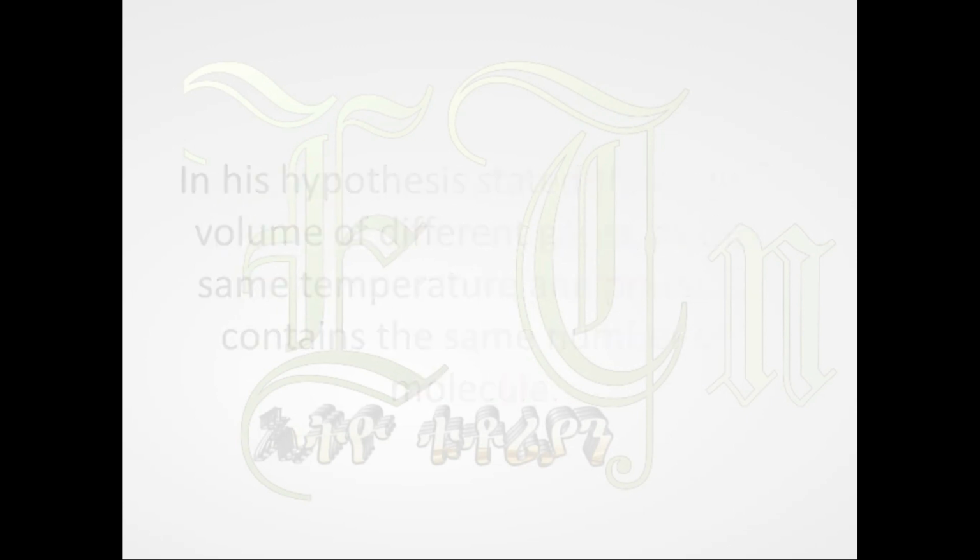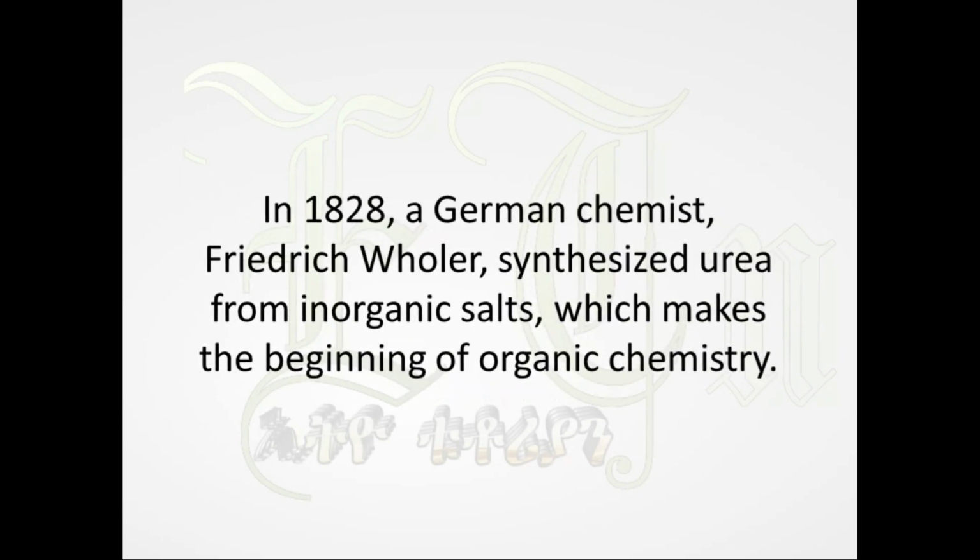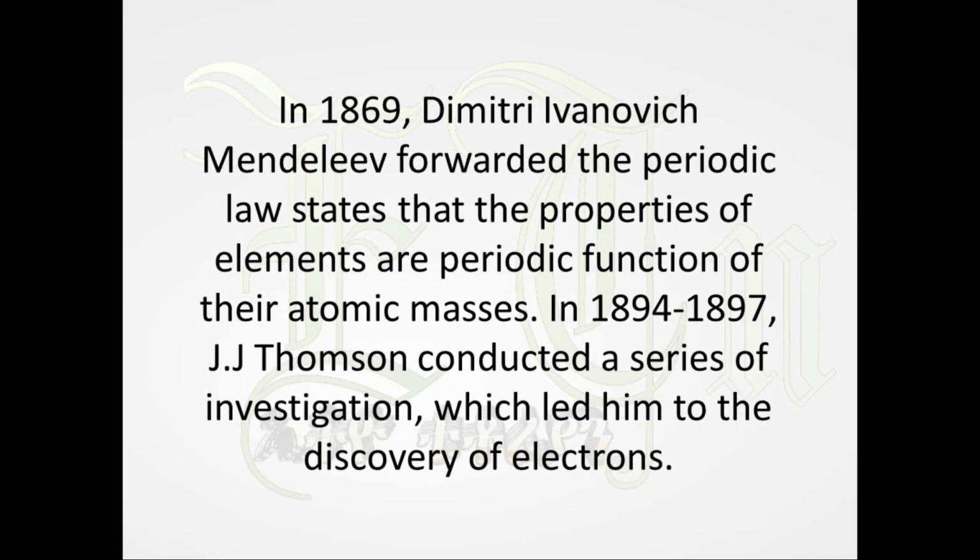In 1828, a German chemist, Friedrich Wöhler, synthesized urea from inorganic salts, which marks the beginning of organic chemistry. In 1869, Dmitri Ivanovich Mendeleev put forward the periodic law, which states that the properties of elements are a periodic function of their atomic masses.